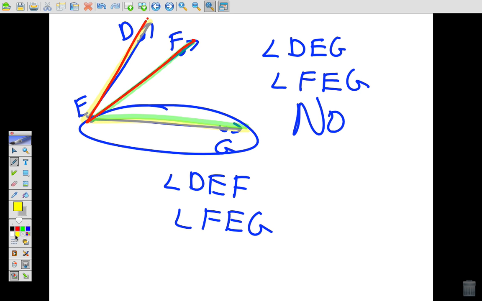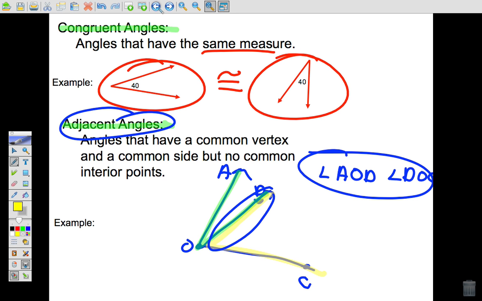Angle FEG is here. Now where's the double shaded ray? It's in the middle. So yes, those are adjacent angles. So when the double shaded ray, or in other words, the common side, is inside or between the two angles, they're adjacent.